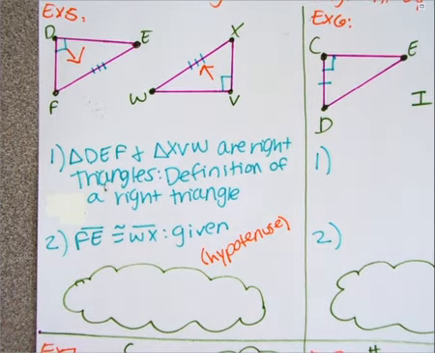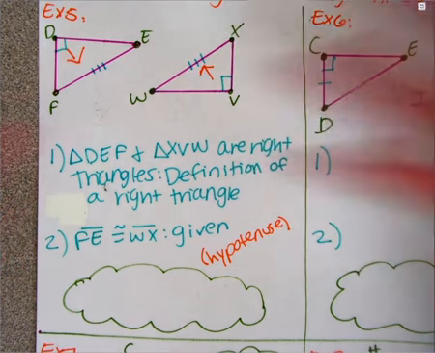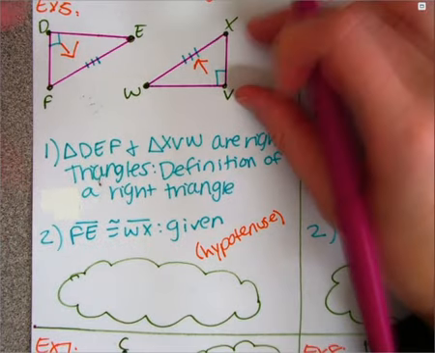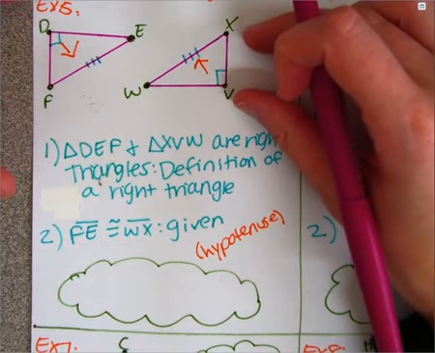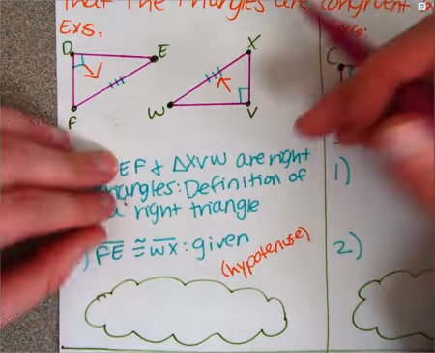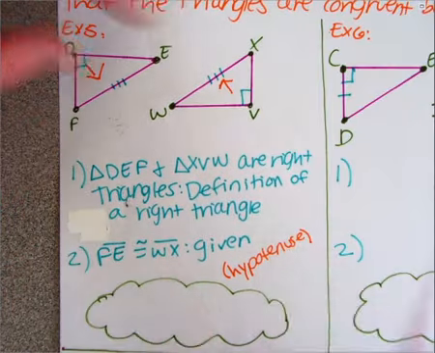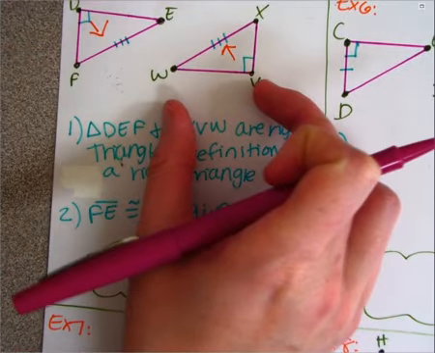Okay, so again, it doesn't really matter which ones you pick, because you can pick either leg. The picture does not say drawn to scale, so technically I can't assume anything about the lengths, but to keep things consistent, well, it appears that XV and DF are shorter. So since I don't really have anything to go off, I'm going to say that these two could have been congruent and these two, because these two look longer.